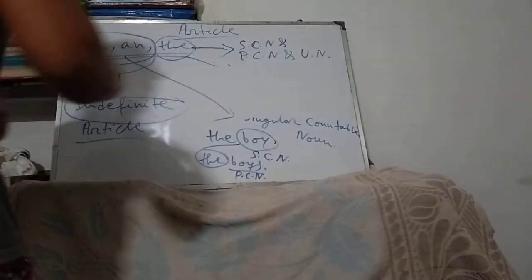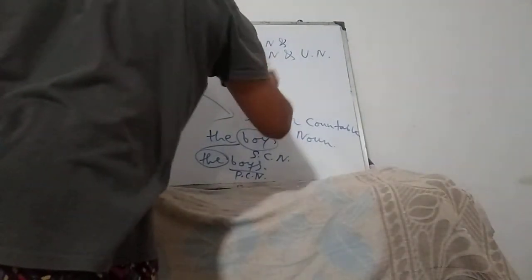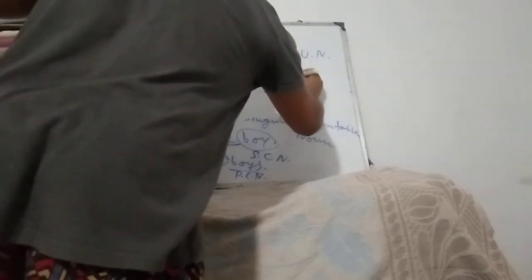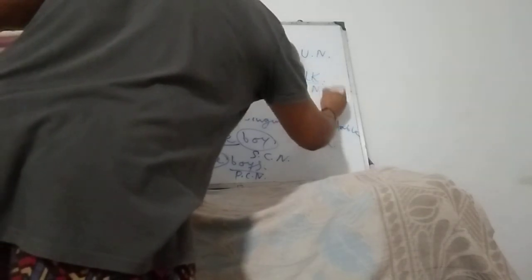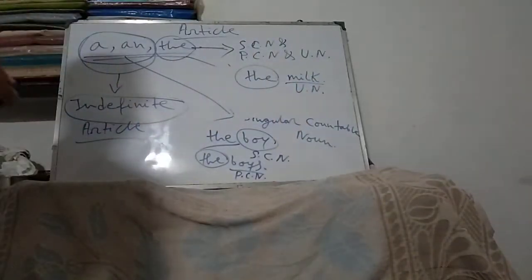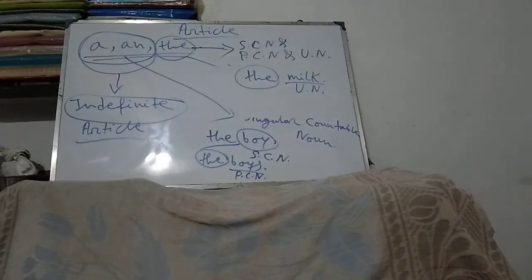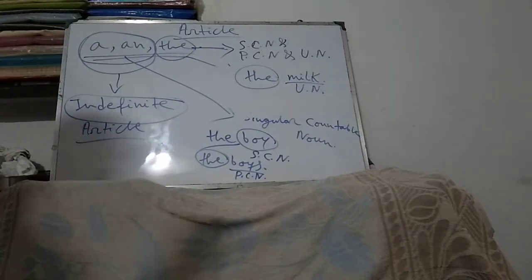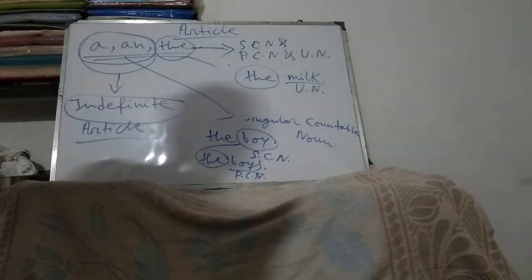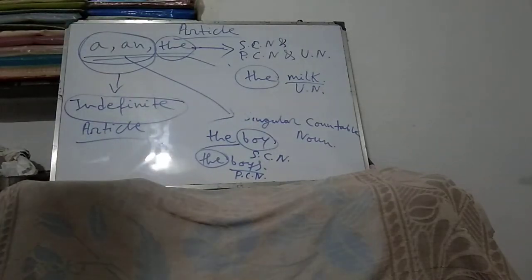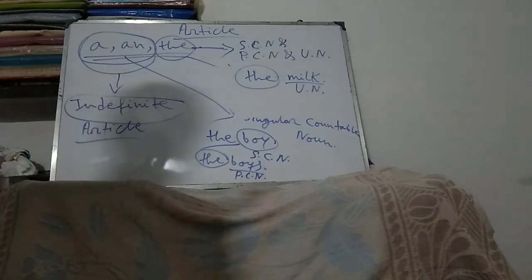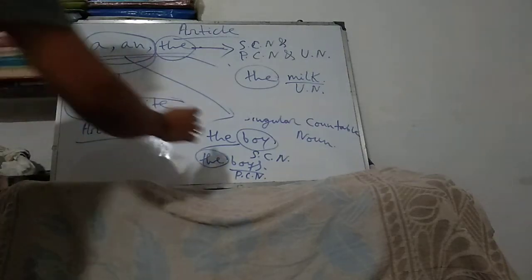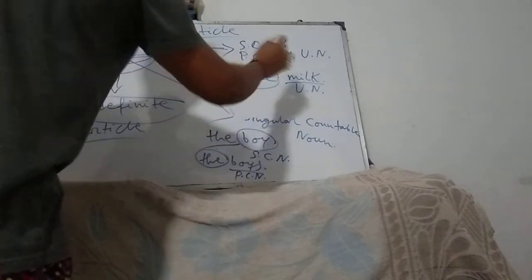Similarly, we can also say the milk. Milk is uncountable noun and the is used before it. That means the can be used before both countable and uncountable nouns. Countable nouns may be singular or plural like the boy, the boys, and also uncountable noun like the milk.